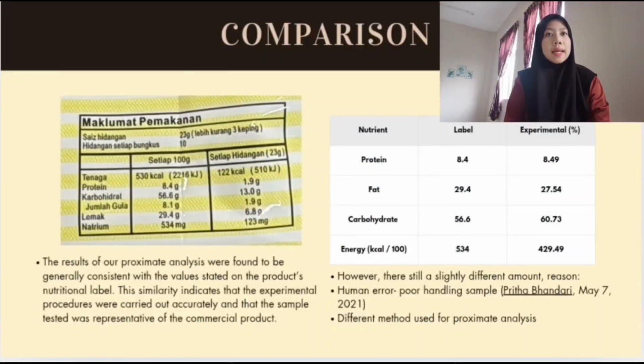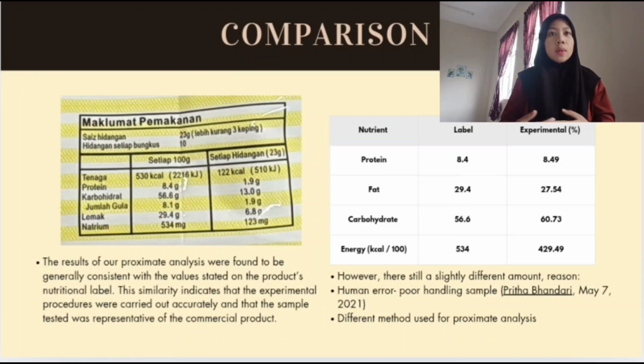For this slide, we compared our experimental result with the nutritional label of the product. Overall, the results of our proximate analysis were quite consistent with the values stated on the label. This shows that our experimental procedure was done accurately and the sample used was representative of the commercial product.